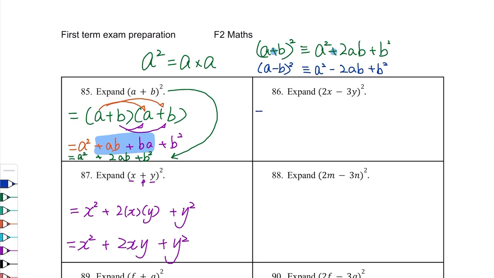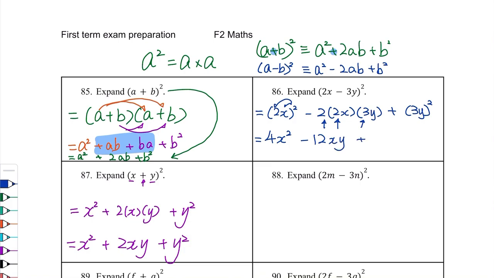So it's a square minus 2ab plus b square. Now that square goes here and also goes here. 2 square means 4. And then all the numbers here, 2 times 2 times 3, 4 times 3, 12. And then that square goes here and also goes here. So 3 square means 9. And that's your final answer.